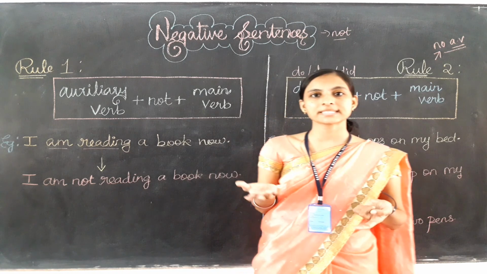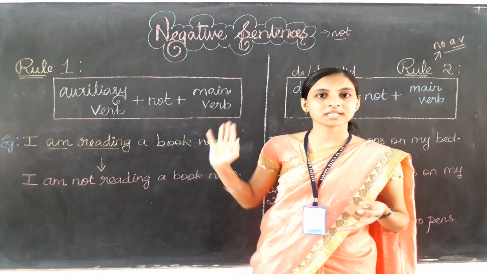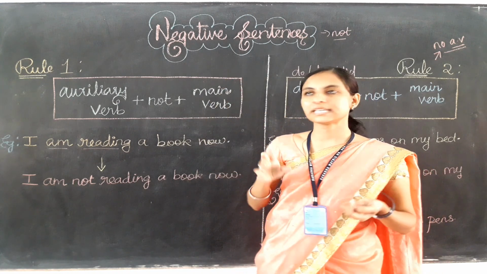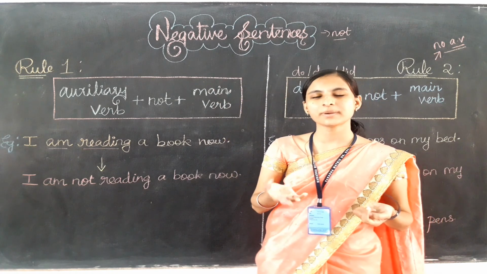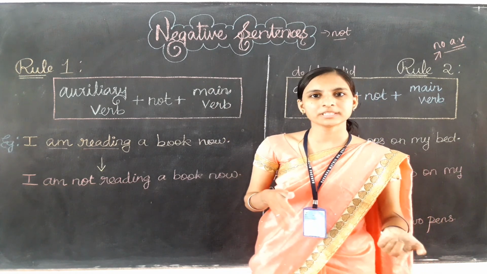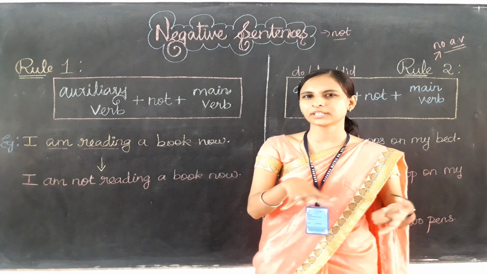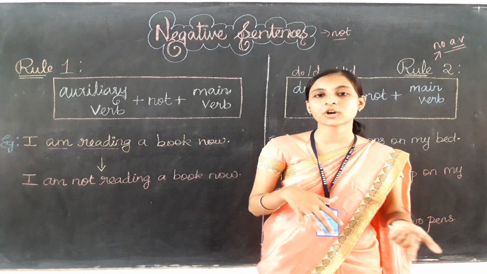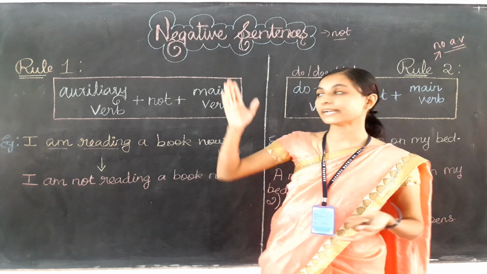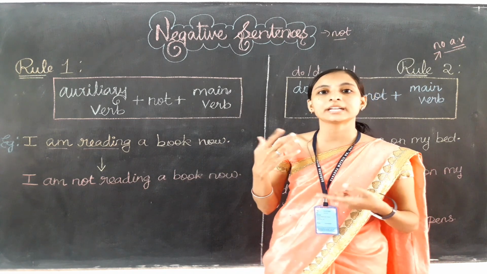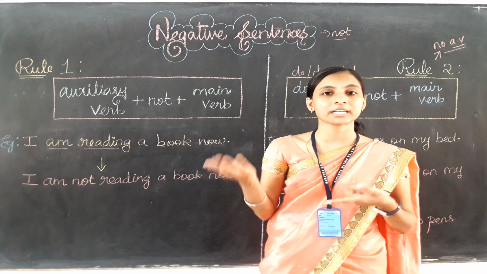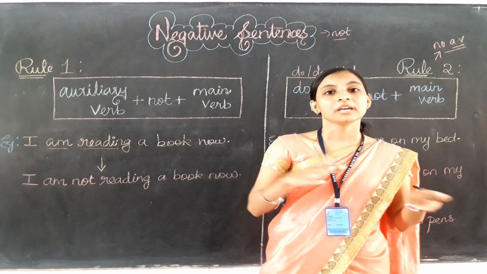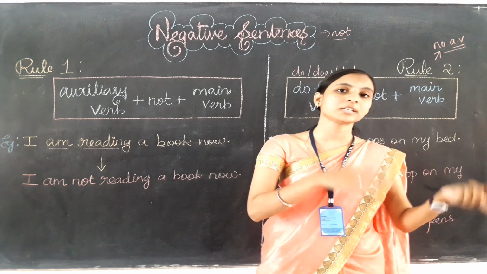So what do we understand from this topic, negative sentences? Negative sentences are nothing but sentences that come with not, or that talk about a negative thing, like I dislike this book, I dislike this toy. If we are talking about something like this, that is a negative sentence. And how can we change positive sentences into negative?